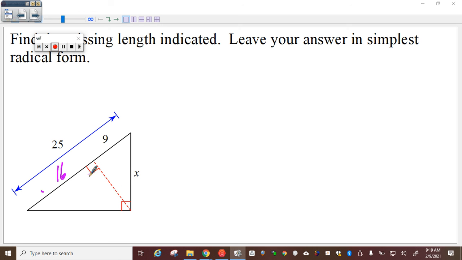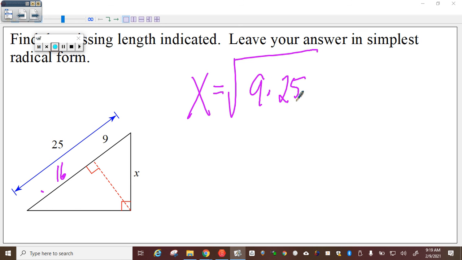Not that I wouldn't know that, because x is equal to the geometric mean of its part, 9, and the whole thing, 25. Now some of these become really easy, because the square root of 9 times the square root of 25 gives me 3 times 5, which equals 15.